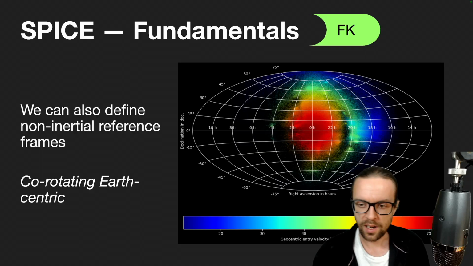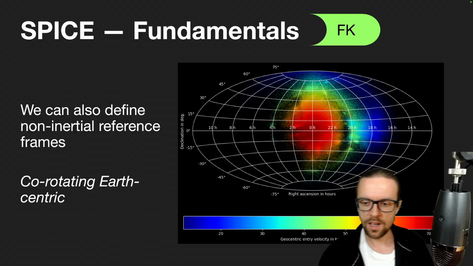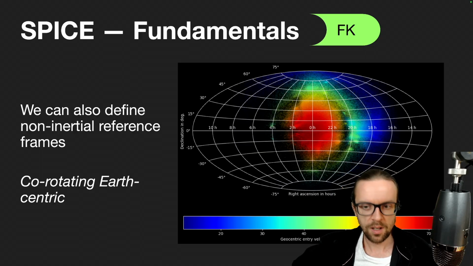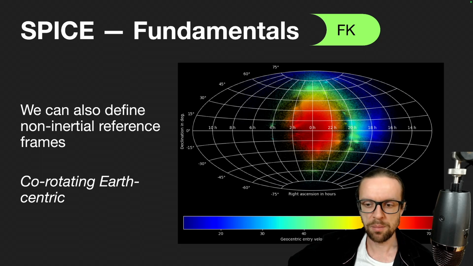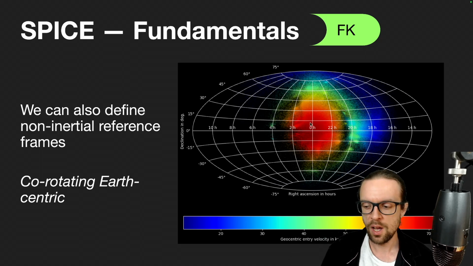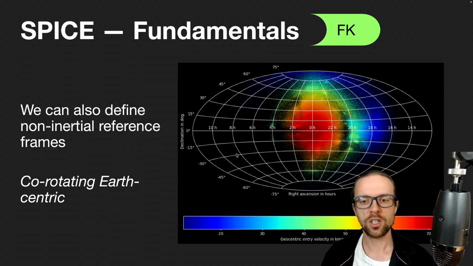Now, if we have the non-inertial system, this is how it looks. This is how the different regions appear. We have certain regions, so-called sporadics, like here in the center, with 72 kilometers per second, and others that are way slower, coming from another direction, for example from behind the Earth or from the side. But in the flight direction, we have the highest impacts.